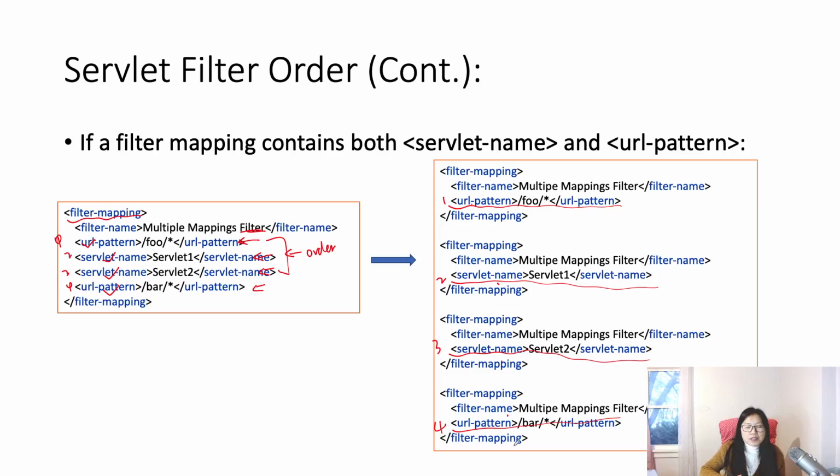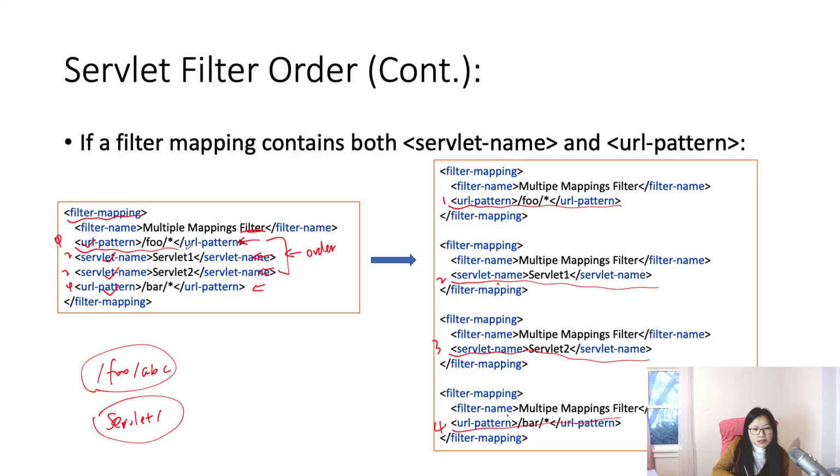Okay, and suppose a request comes and goes to servlet 1, and the URL is /ABC. This request will match this URL pattern, right? And also this URL pattern.